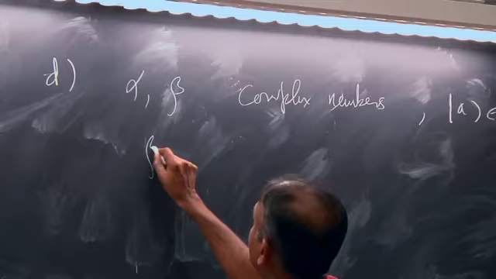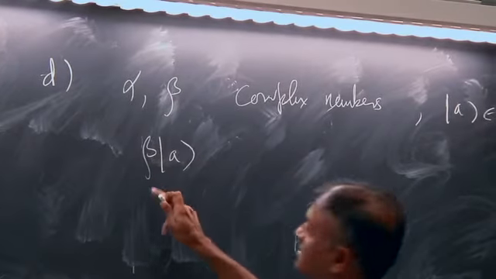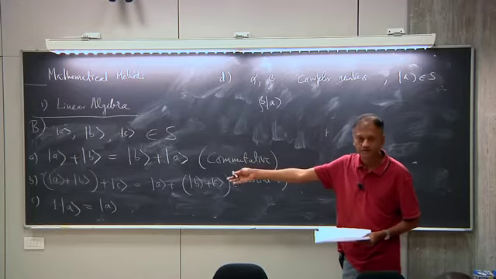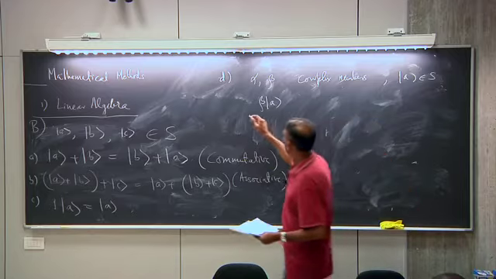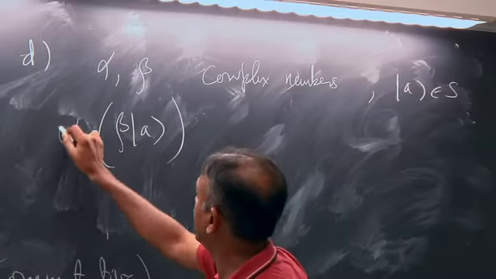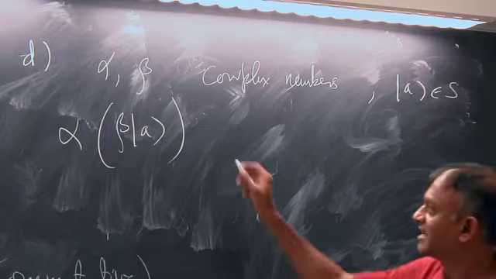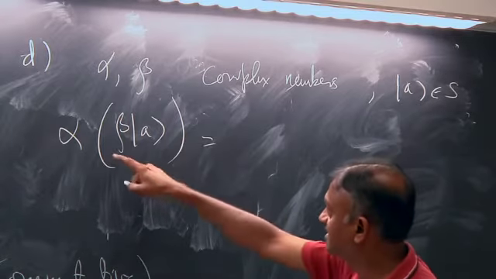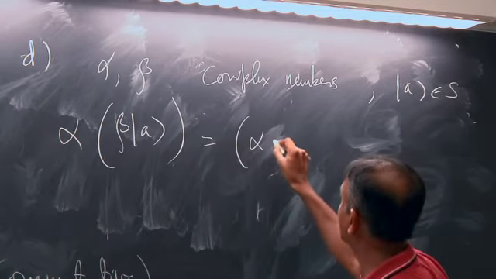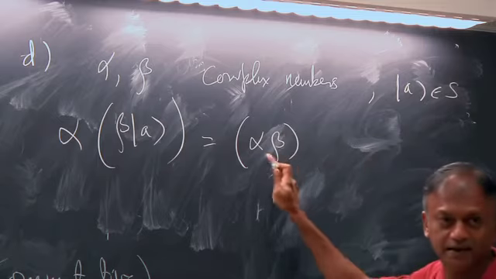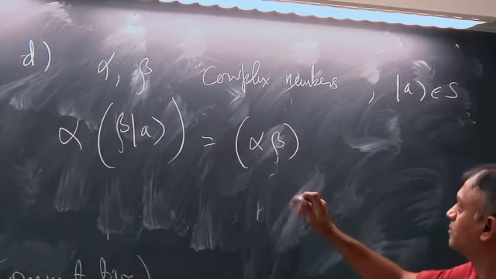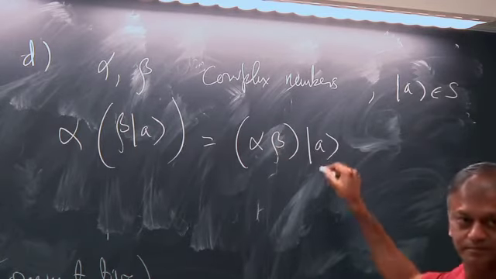Then beta times A is of course a vector, whatever rules I have given for the multiplication. Then to this vector I multiply alpha. This will be again another vector, right? The statement here is that this must satisfy the property that this is the same as alpha times beta, which is a complex number, product of 2 complex numbers, multiplied to A.